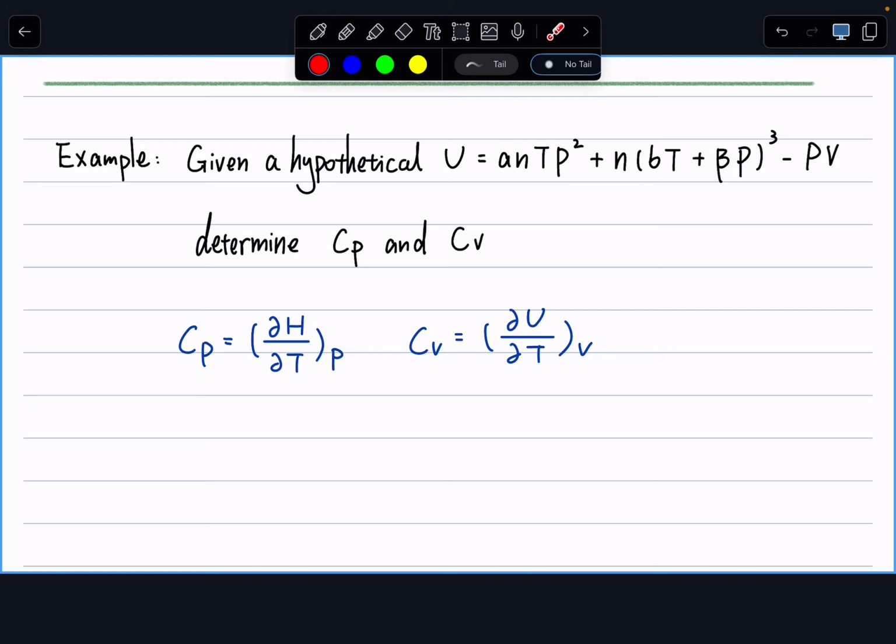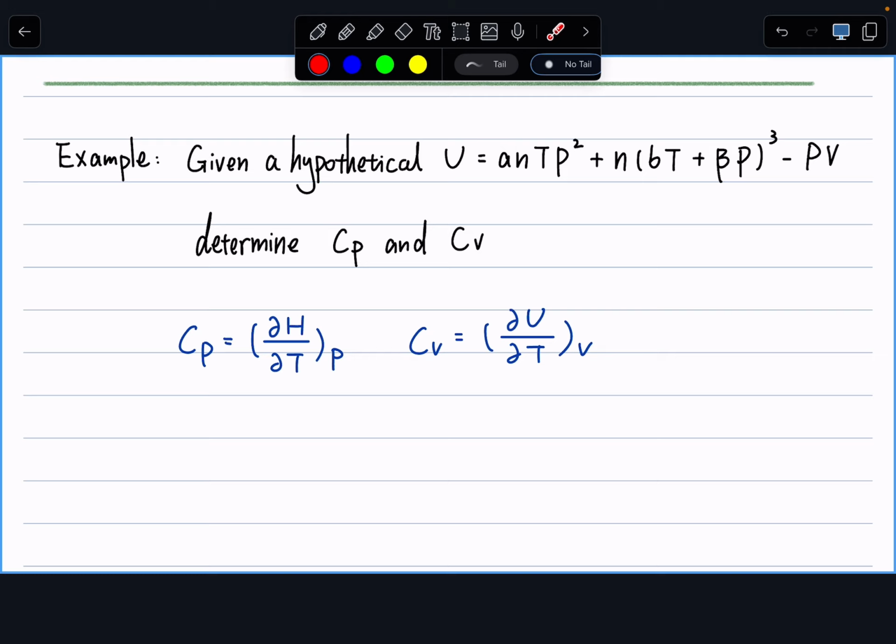So in this case, when we're looking at the expression for Cv, now using U, which is A N T P squared plus and so on, let's just focus on this first term. What we want is an expression for this A N T P squared over temperature at constant volume.